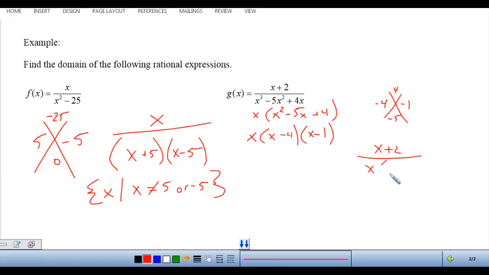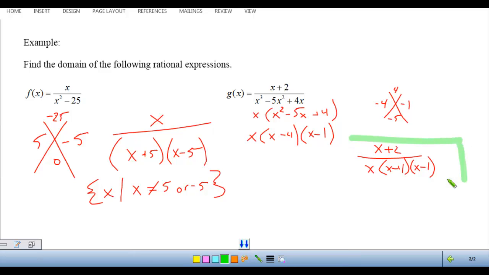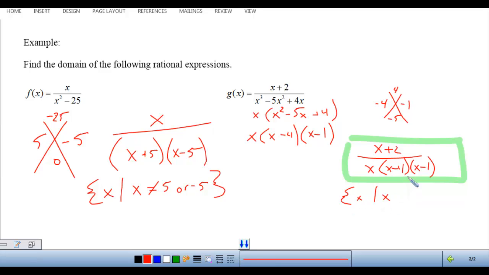So it's x plus 2 over the denominator of x times x minus 4 times x minus 1. And again, I know that x cannot equal 0, 4, or 1. And that's all we're looking to do. When will the denominator equal 0?